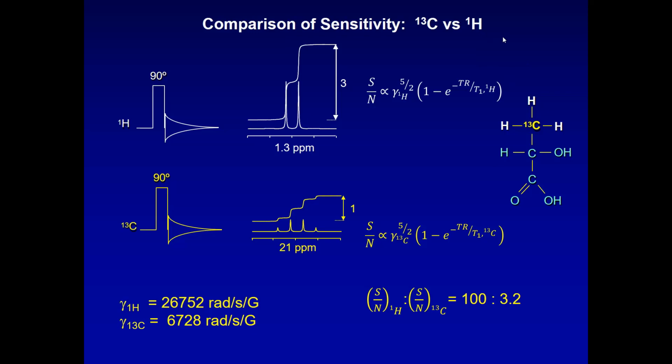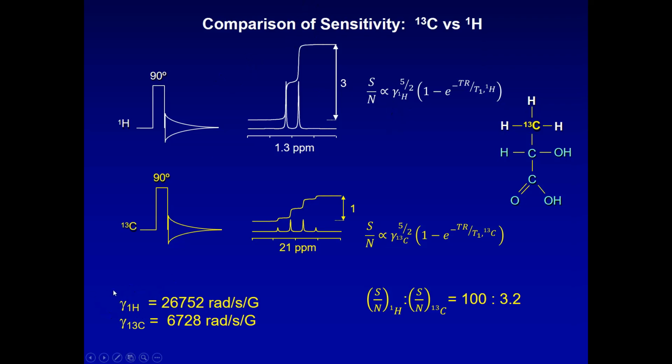So if you do an experiment with carbon-13 or protons at a particular magnetic field strength, you have the same B0. What's different is the gamma. Protons have a higher gyromagnetic ratio than carbon-13, therefore they have greater net magnetization. So protons are more sensitive than carbon-13.